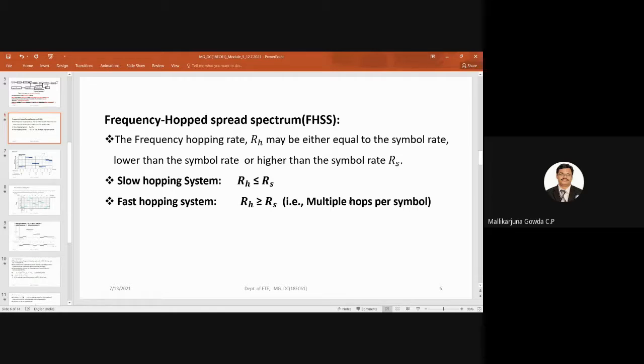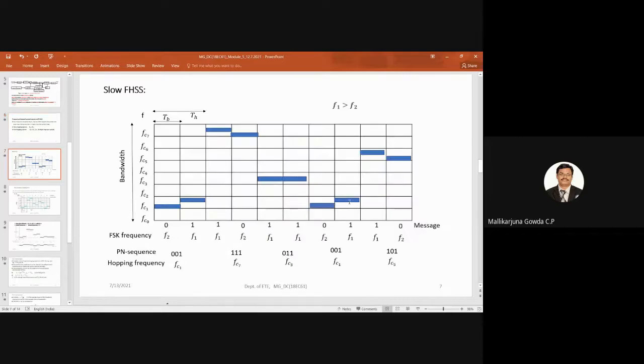One is the slow hopping system, the second one is the fast hopping system. When do we say it is a slow hopping system? If the hopping rate is less than or equal to the symbol rate. When the hopping rate is greater than or equal to the symbol rate, then we say it is a fast hopping system.